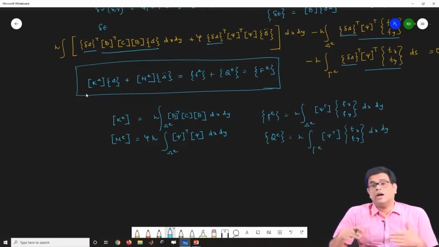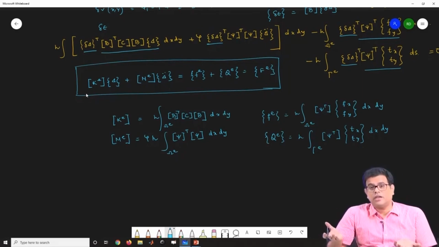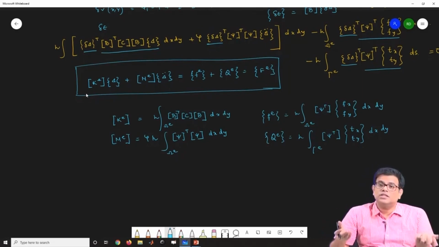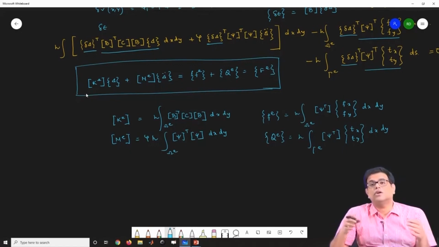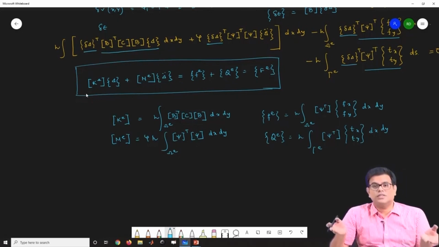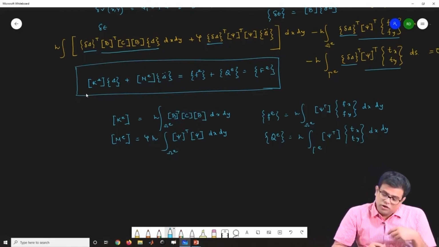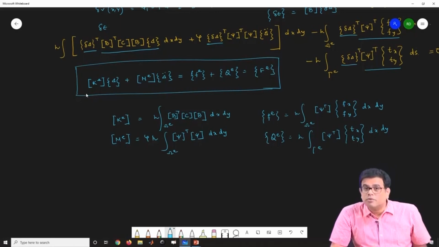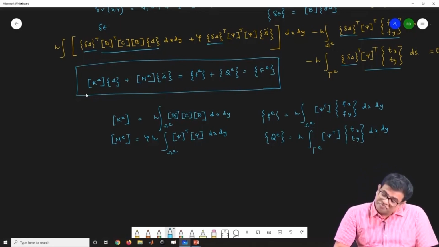Then it comes to post processing, that is, once you find the displacement, what will be the stresses and strains. For this it is very easy, because CST element means constant strain element, so element-wise it will be constant, and naturally stress will be constant element-wise, unless the material property varies.